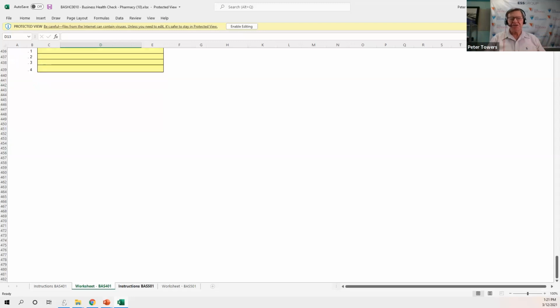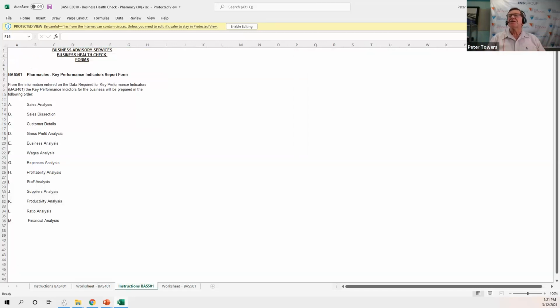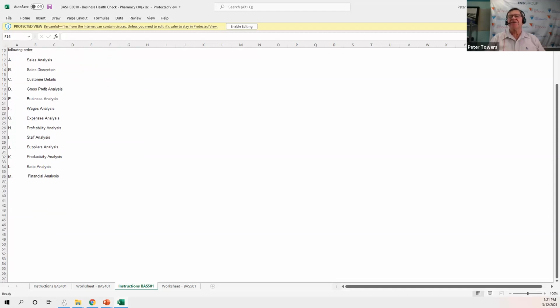If we now go to the instructions for the forms, what we're going to get back is the report that's going to look at sales analysis, sales dissection, customer details, gross profit analysis, and so on, because it's collated the information that we have collected.